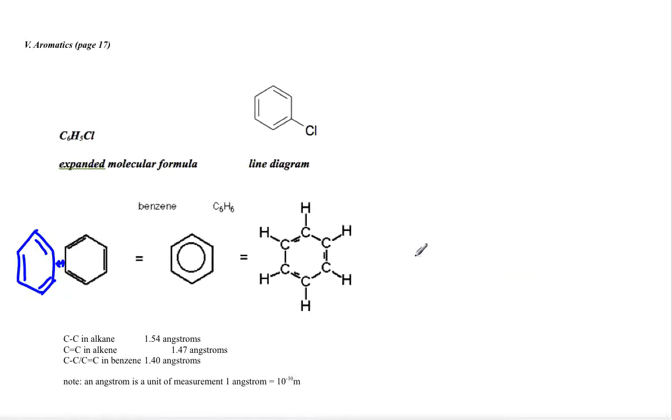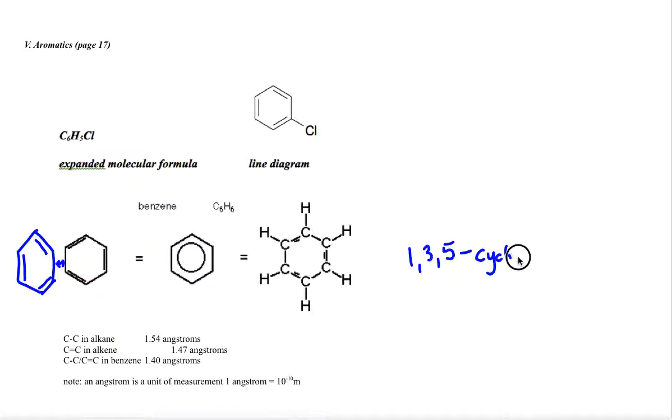For now, what we need to do is just recognize that it is a 6-membered carbon ring with alternating double and single bonds. And if we were to name this just as an alkene, what we would do is we would call it 1, 3, 5 to identify the positions of the double bonds.